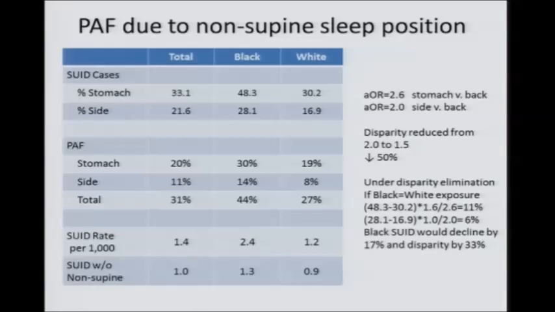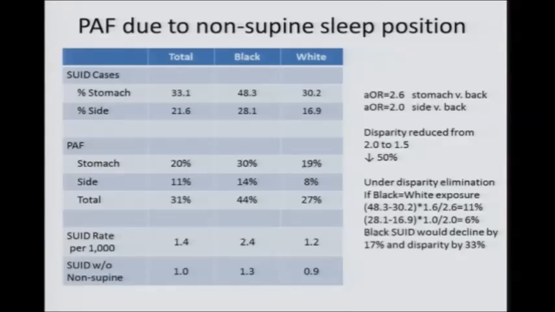So we can see that the disparity reduced from 2 to 1.5. So the original SUID rate was 2.4 among Black infants and 1.2, and then it declined to 1.5. So that's a 50% reduction. And there are other ways that you can calculate that. Say you don't want to assume that you completely eliminated the risk factor, but you had a targeted intervention and were able to eliminate it for Black infants.